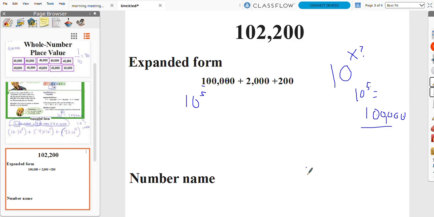So now let's look at, we have 10 to the 5th times 1. So it's the quantity. We read this as the quantity of 10 to the 5th times 1 plus 2,000. Well, how many thousands are in 2,000? There are 2, right?